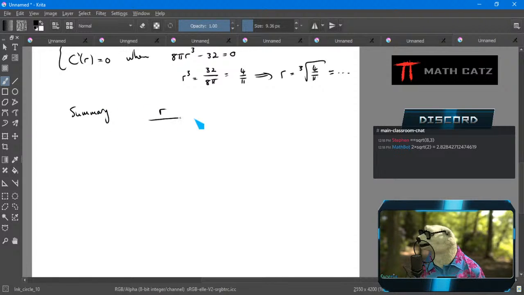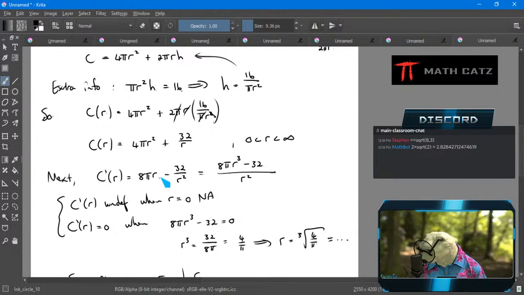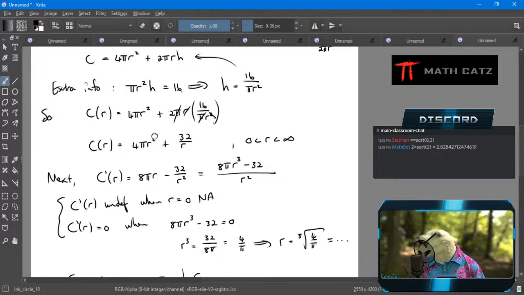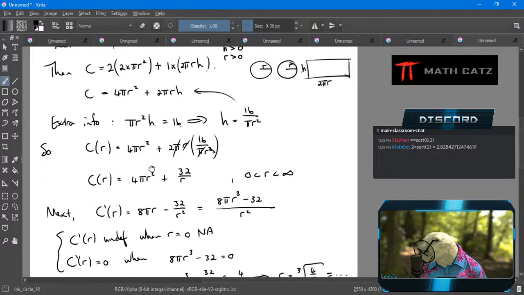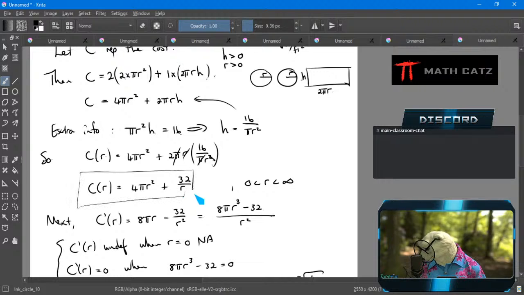We have a radius and a corresponding cost. We can't get the extreme values. If we do get close to those, where's my cost function? If we look at this guy, if we do get close to a small radius, the second term is going to blow up the cost.